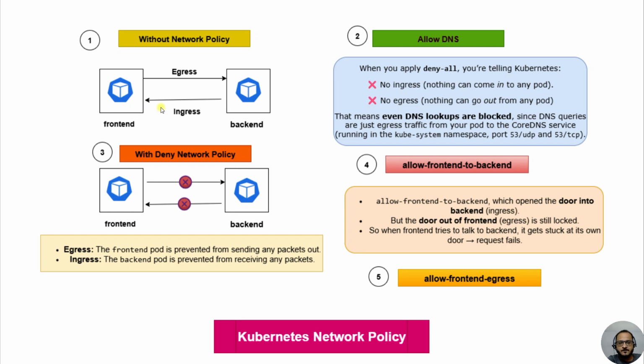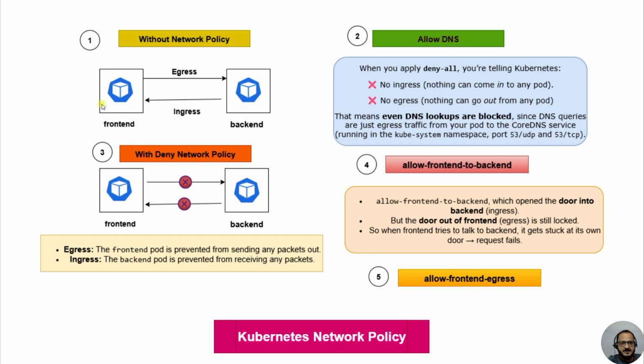These are the two policies we generally implement to restrict the traffic or communication between application pods. They could be in different namespaces, or you can have them in the default namespace as well. As part of this demo, we are going to create both pods, frontend and backend, in our default namespace.